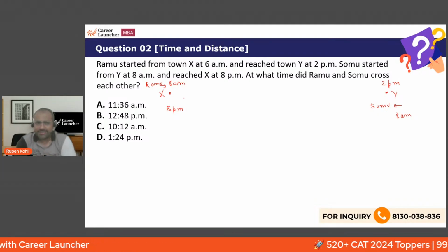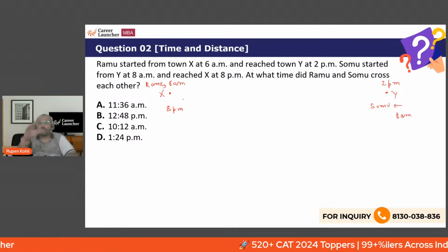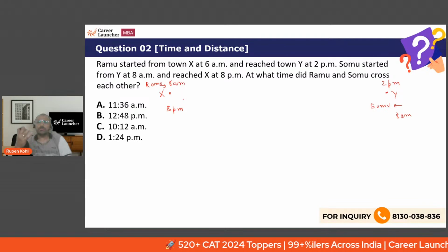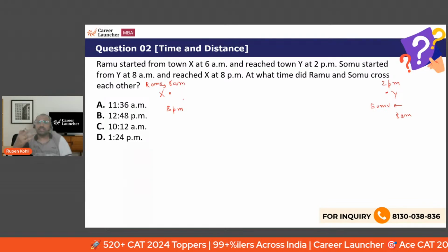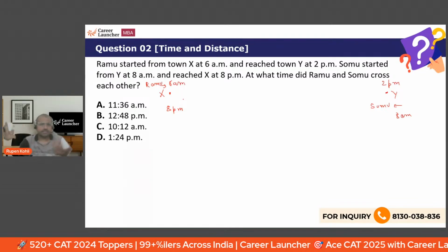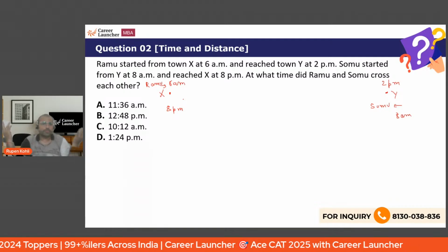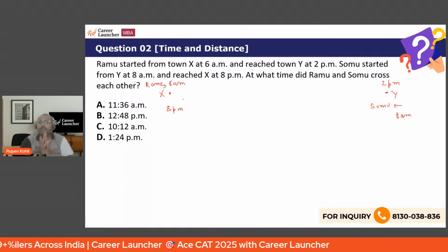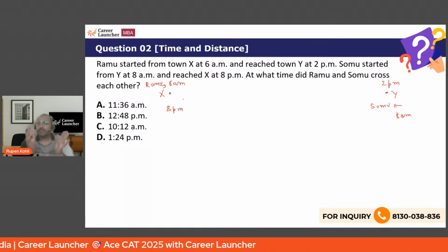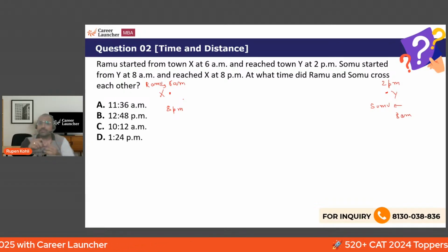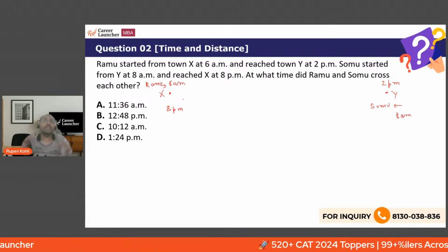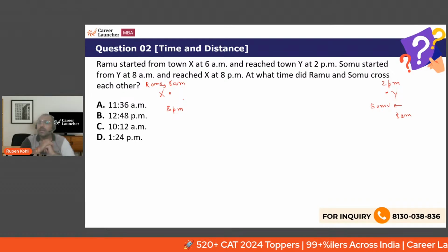So the point is, you see, there are a lot of these questions where information seems to be insufficient. It looks like, okay, where is the distance? Where is the speeds of the two people? But the whole point is that it does not matter. The answer to this question can be obtained regardless of the value of the distance.